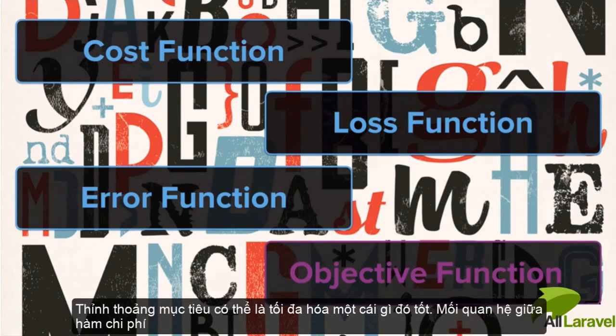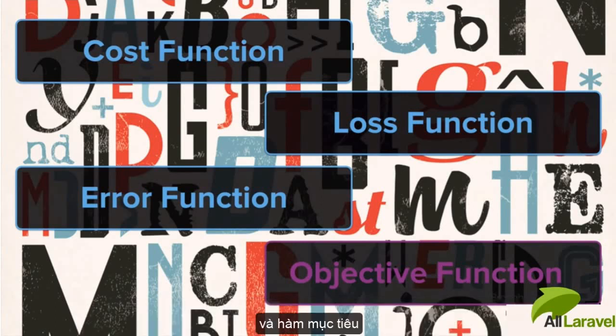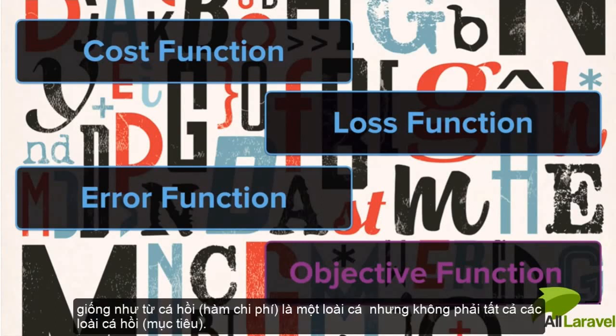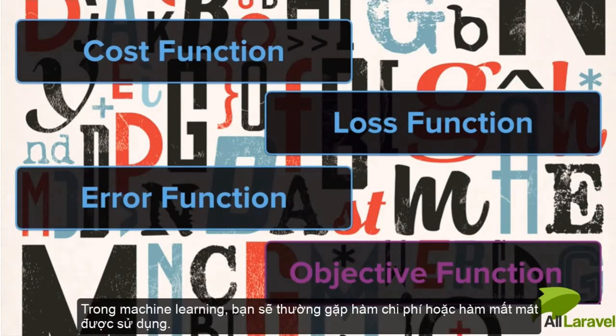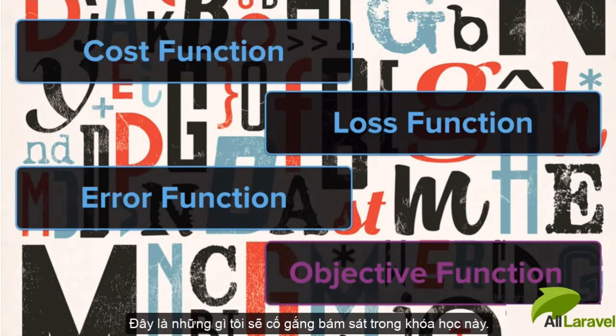The relationship between the words cost function and the word objective function is kind of like how, I guess, salmon is a fish, but not all fish are salmon. And I think that about covers the jargon, right? In machine learning, you'll mostly see the words cost function or loss function being used. And this is what I'm going to try to stick to in this course.